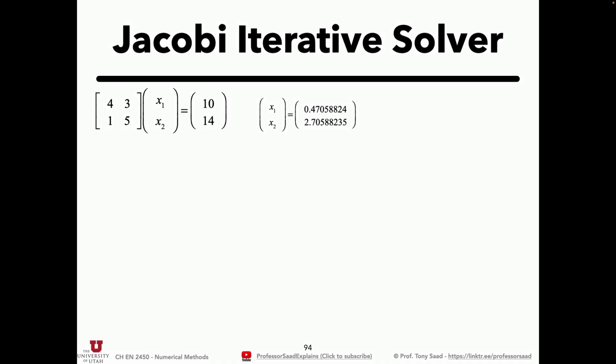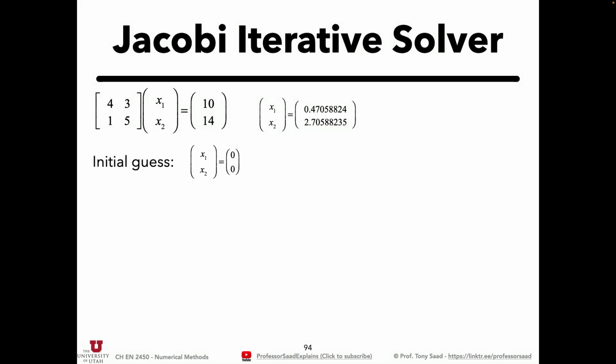This is a system of equations: 2x1 plus x2 equals 10 and x1 plus 5x2 equals 15. And the true answer is 0.47 and 0.7. Okay? This is the exact solution.